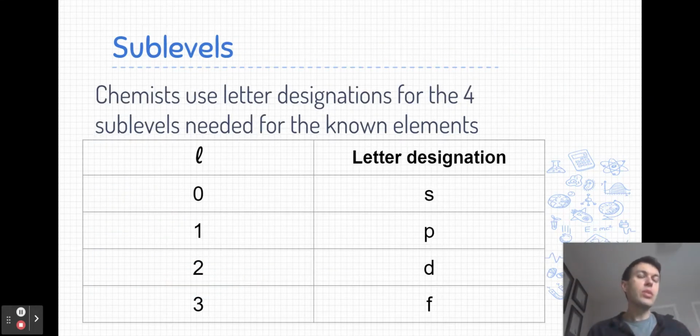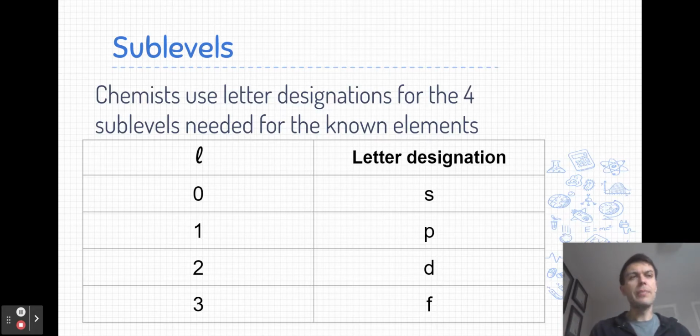Even though we will talk a bit about the quantum numbers, since we're not doing the actual math with them, chemists most often talk about these sublevels in terms of their letter designations. The 4 letters that we use are s, p, d, f, and they each correspond to one of the values for l. When l is equal to 0, that refers to an s-type sublevel.